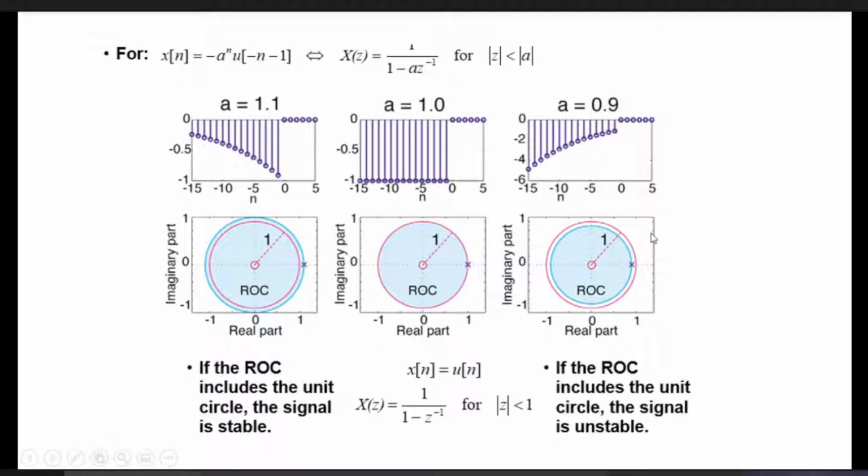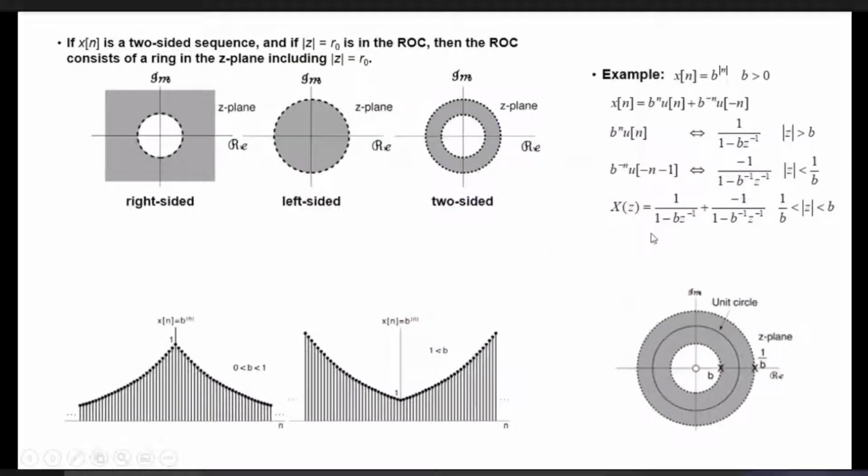So one more property I am showing you: if the signal is both sided, that is xn equal to b to the power mod n, a both-sided signal. So it is a non-causal sequence, both causal and anti-causal.